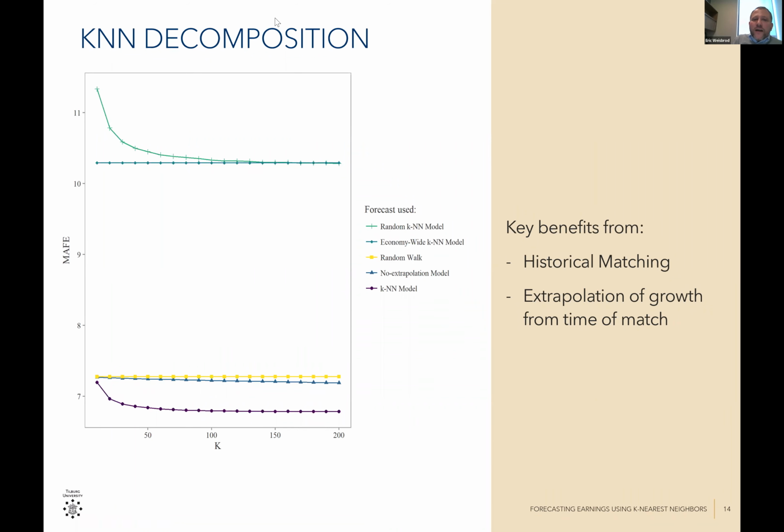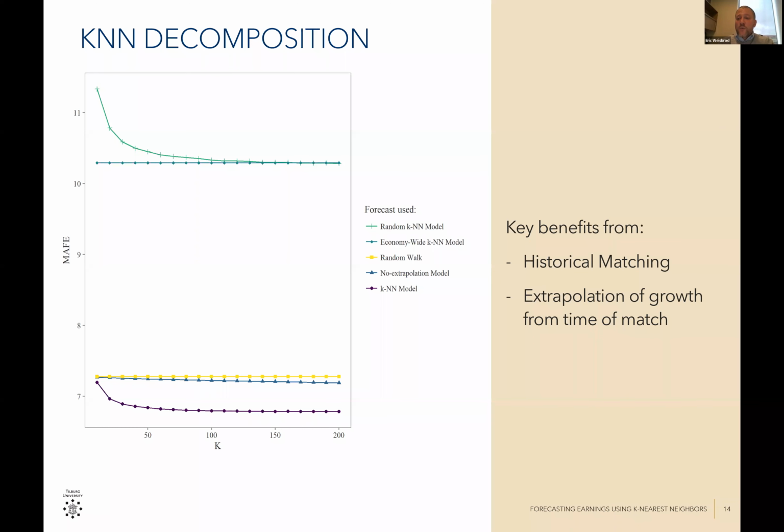And so even though there's a slight bias towards the mean in the distribution, we get a more accurate forecast. Another way we try giving some intuition behind why KNN is useful is to decompose what we're doing. There are a couple of things here. One is that we're matching on neighbors. Another is that we're selecting the median of their future earnings as our forecast.